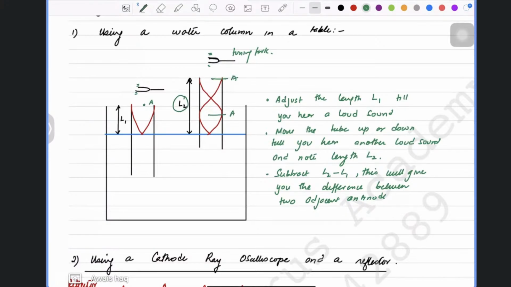So the difference between L2 and L1 will give you this length, which is half lambda. So then use L2 minus L1 as half lambda, and then obviously we can use V is equal to F lambda to find speed of sound. Is it clear, everyone? Any questions here?